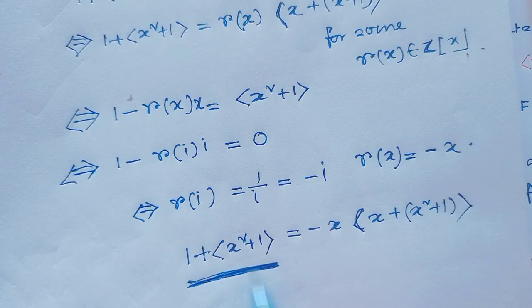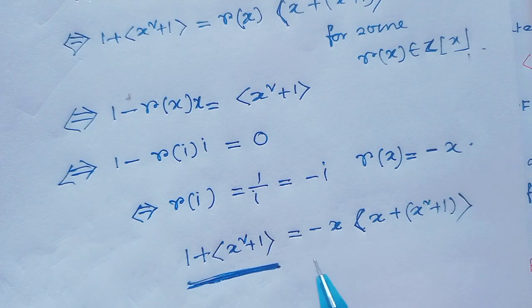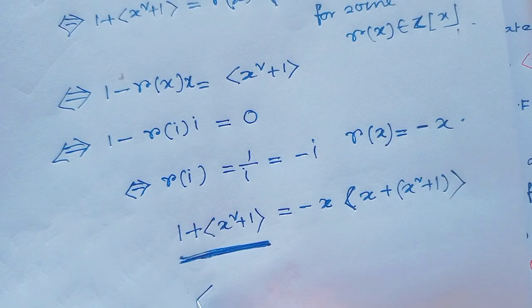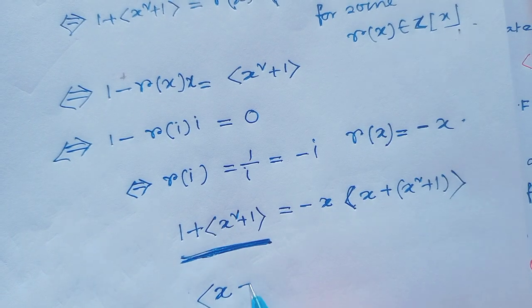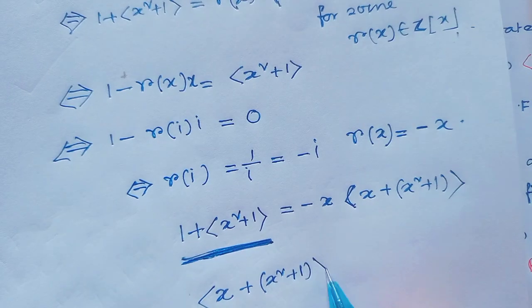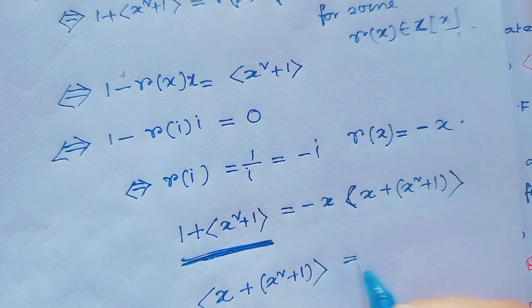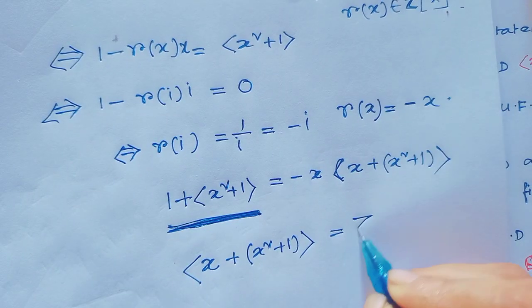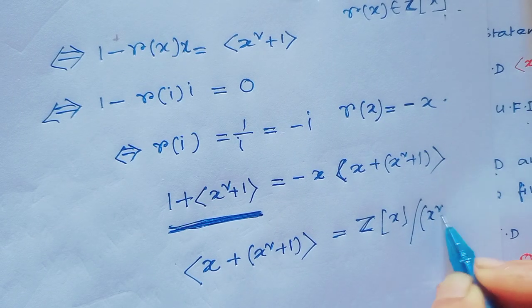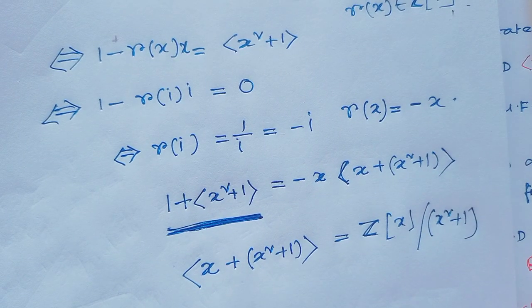since 1 plus the ideal generated by x square plus 1 belongs to this ring, therefore the ideal generated by x plus x square plus 1 is actually the whole ring Z[x] modulo the ideal generated by x square plus 1.